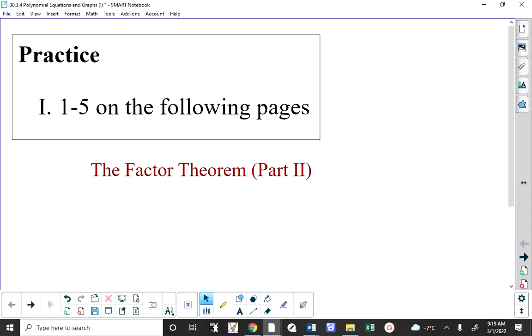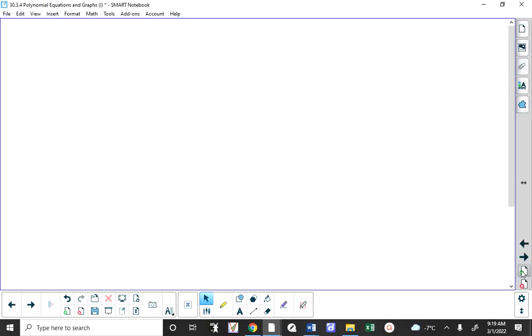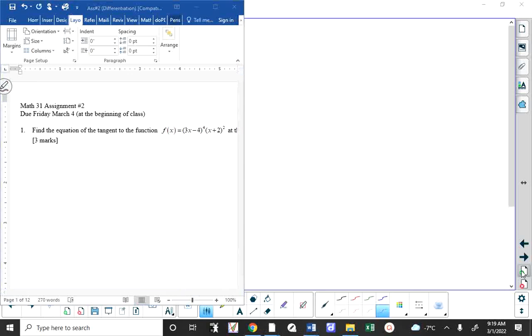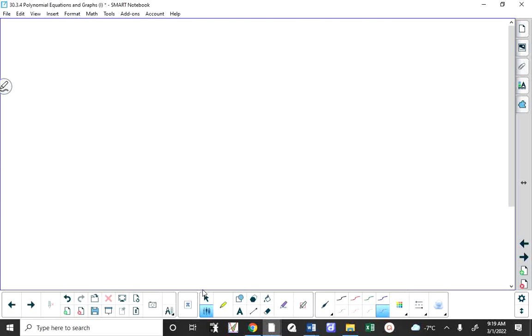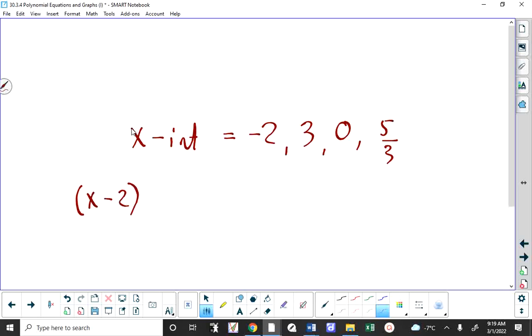So, for example, if you've determined that you have a polynomial function with the following x-intercepts, -2, 3, 0, and 5/3, then if -2 is an x-intercept of the graph of the polynomial function, what that means is that x equals -2 is a zero of a factor, and that means that it has to contain the factor. The polynomial function must contain the factor of x plus 2.